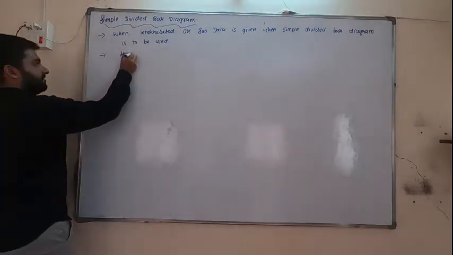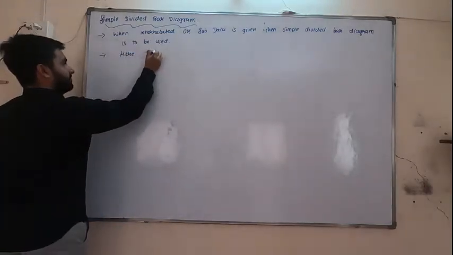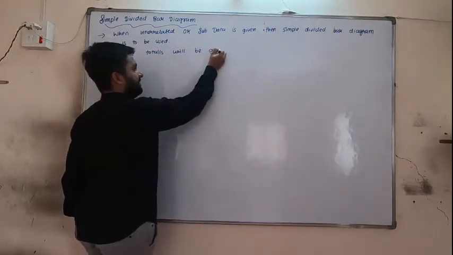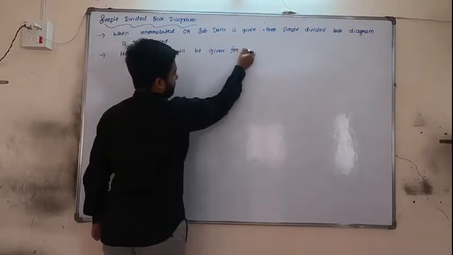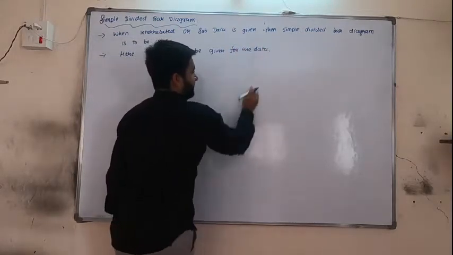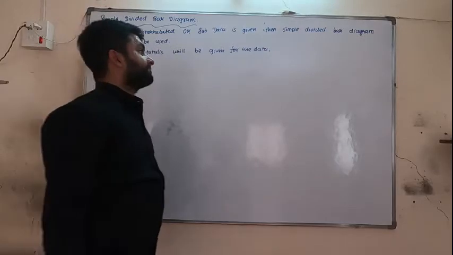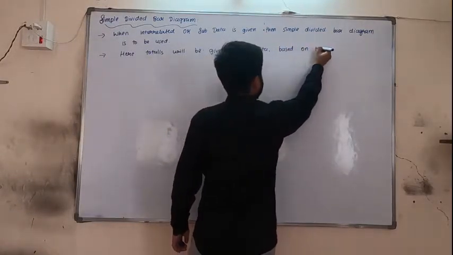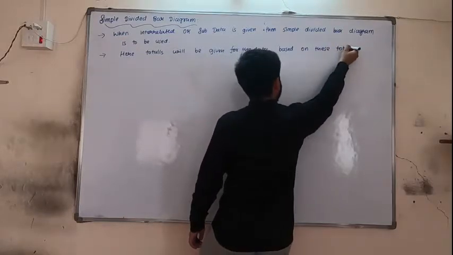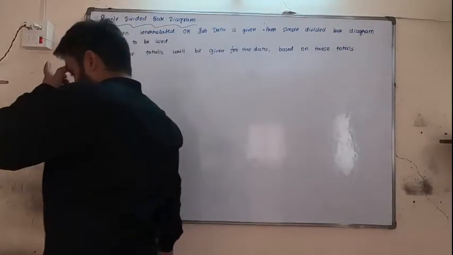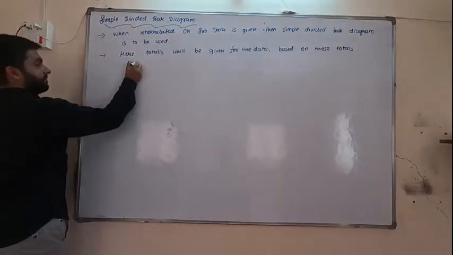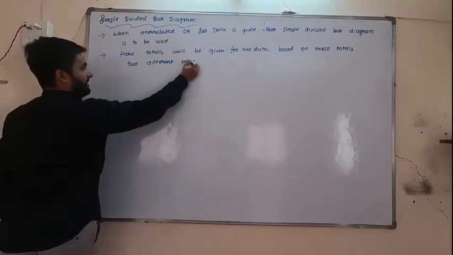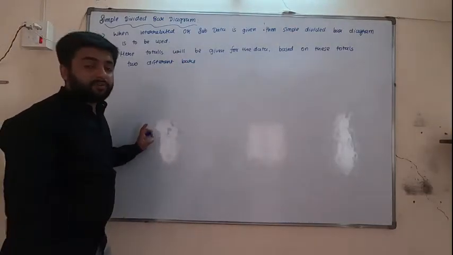Next, here totals will be given for the data, and based on these totals two different bars. Friends, I am clearing two different bars, not two adjacent.